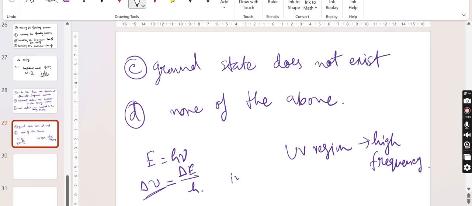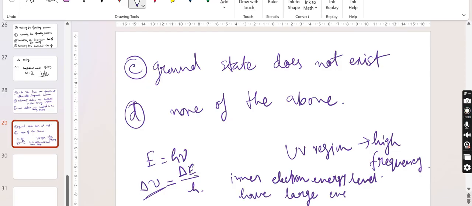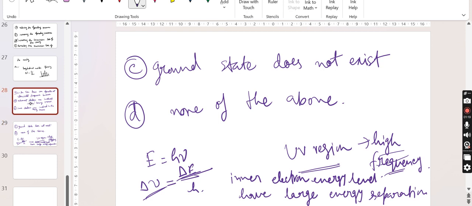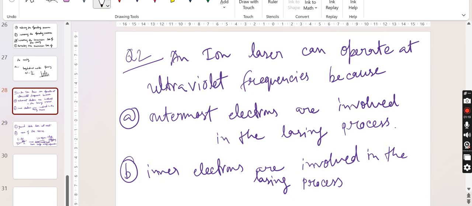The inner electronic energy levels have large energy separation. And for the ultraviolet region, we need high frequency, that means high energy separation. So the answer is inner electrons are involved in the lasing process.